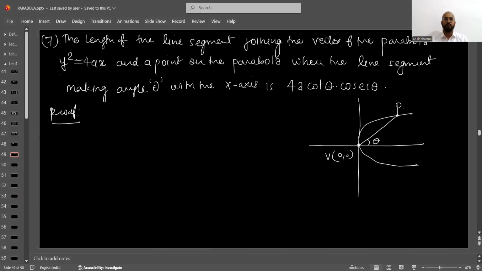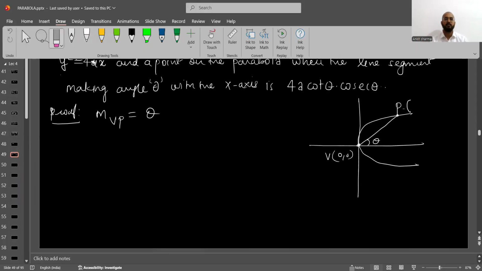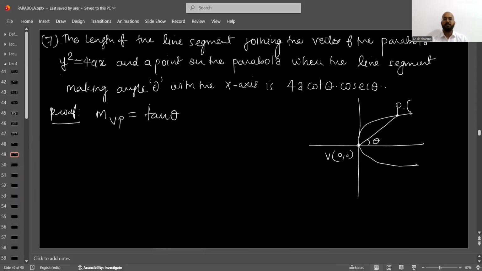So of course we'll go for the slope. So slope of VP is basically tan theta. And this point is what? at square comma 2at again. So if I find the slope of the vertex with this point, it is nothing but 2at over at square, which indeed turns out to be 2 over t.